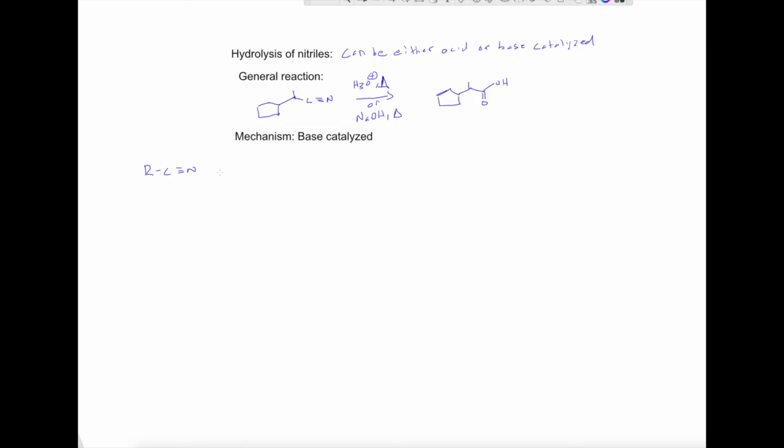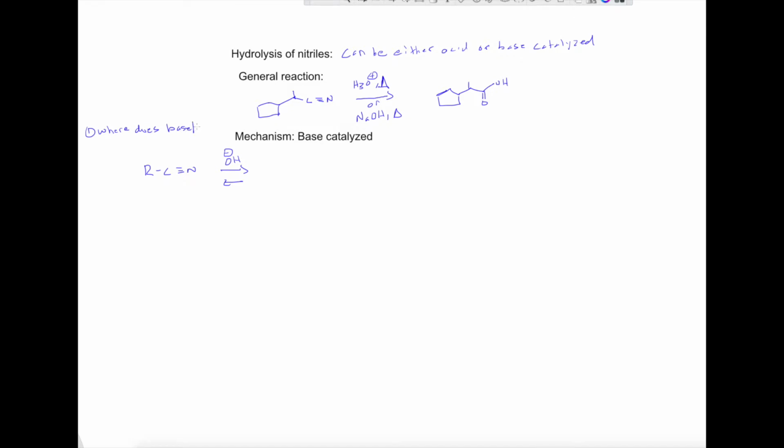So here what we see is that, of course, we have a strong base, and it's going to attack the nitrile carbon because we have a partial positive charge on there, just like we've already seen before in the previous slides. So the question becomes, where does it attack?